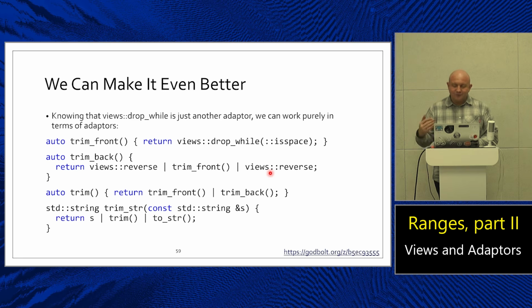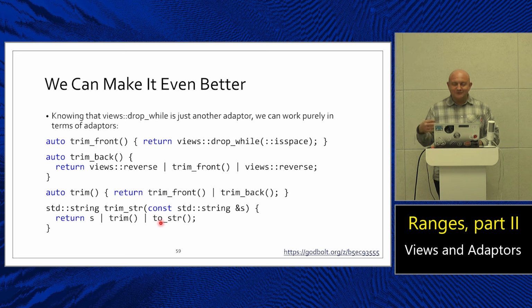And at this point, trim string becomes beautifully simple. Pipe the string into trim. Then pipe the result into toString. And this is exactly the style ranges were designed for.